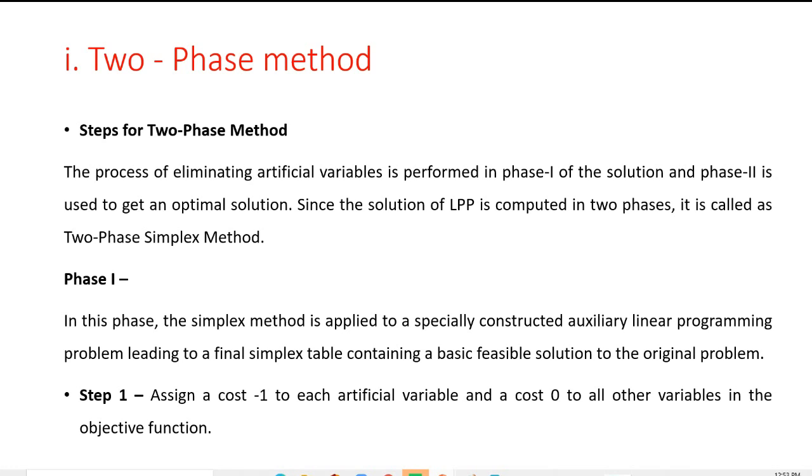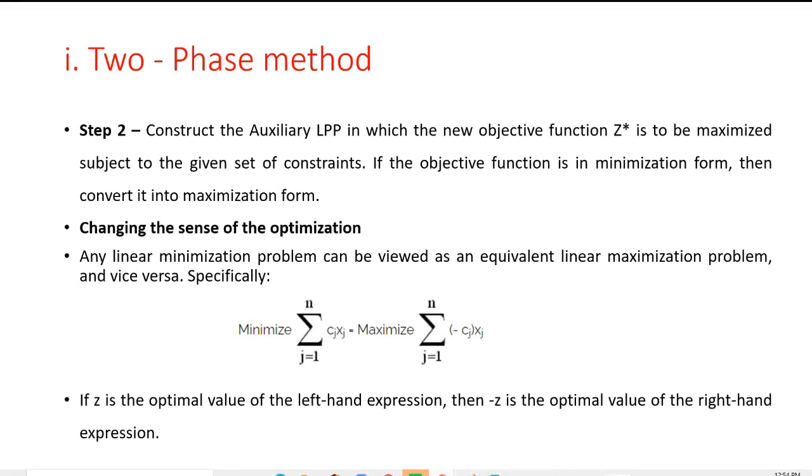In phase 1, the first step is to assign a cost of -1 to each artificial variable and a cost of 0 to all other variables in the objective function. The second step for phase 1 is to construct the auxiliary linear programming problem in which the new objective function, that is z star, is to be maximized subject to the given set of constraints.